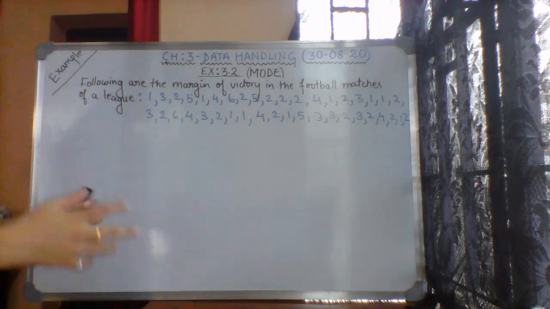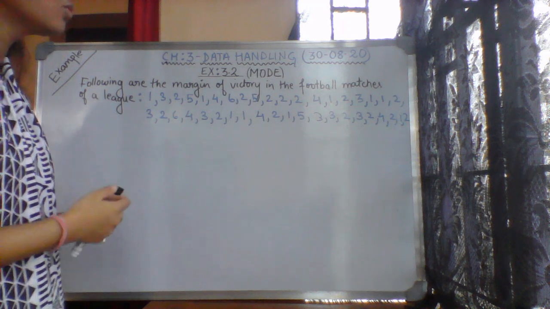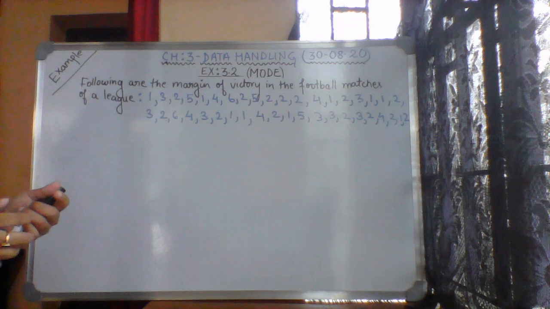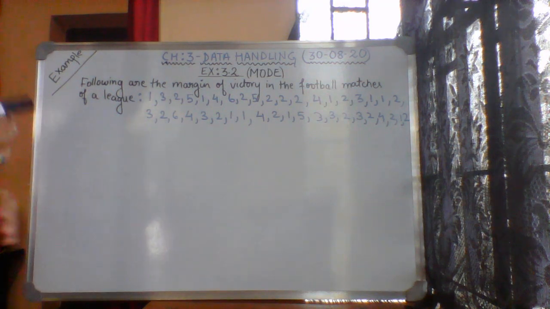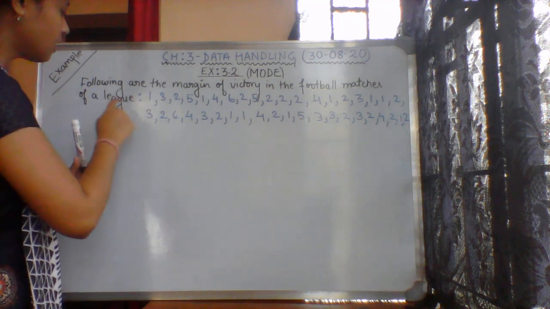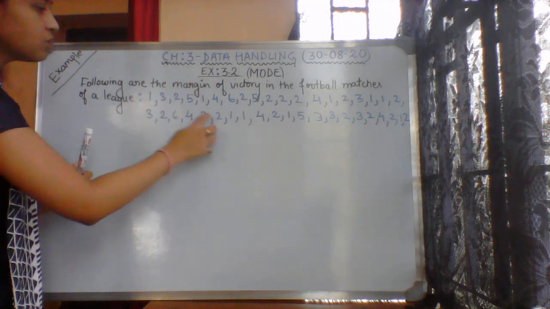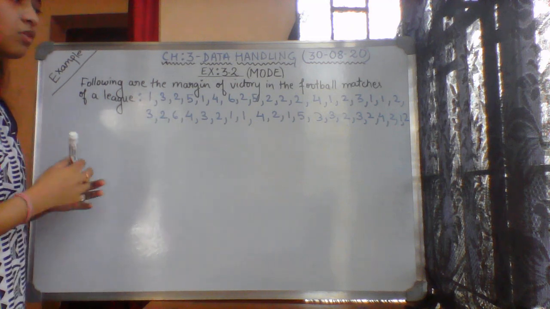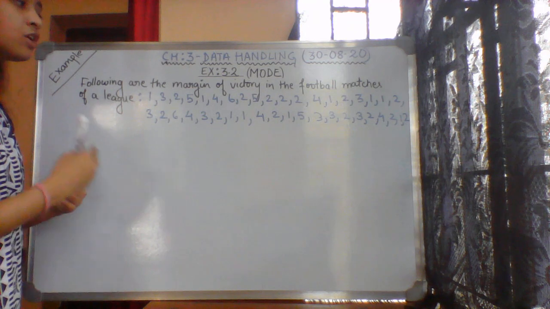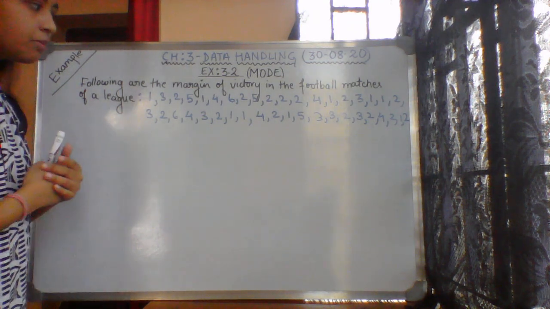Okay, so all concepts are interlinked. When we use tally marks or other kinds of representation, we must not focus only on calculating the mode. We are going to see which number is occurring how many times. We are going to apply multiple concepts there which we have already learned. So we have learned about tally marks.